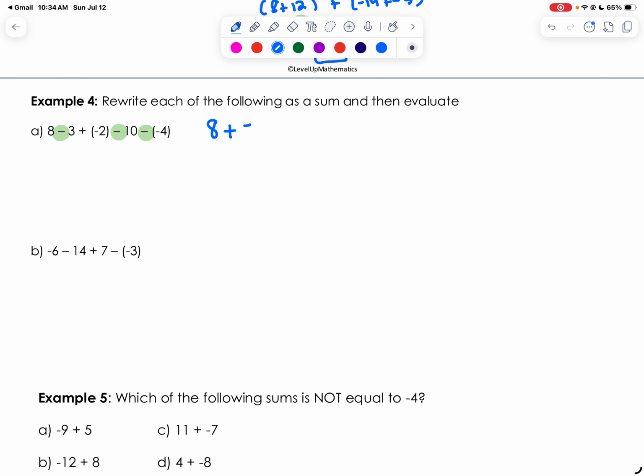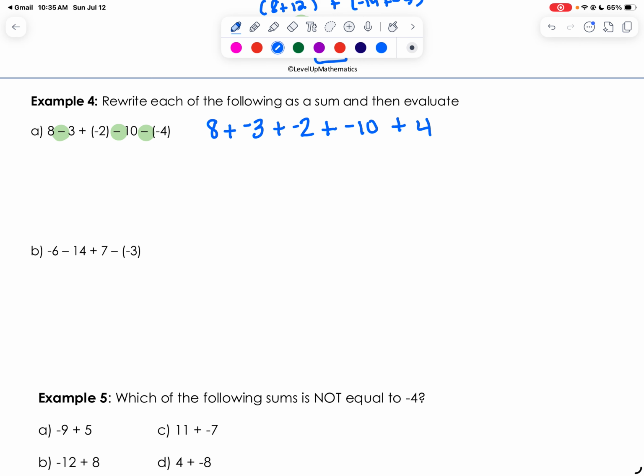The +3 becomes -3. So addition of the opposite. Then we have plus -2. That's already addition, so I don't do anything to that. Then I have -10. That needs to become plus -10. Then we have minus -4. That needs to become plus +4.